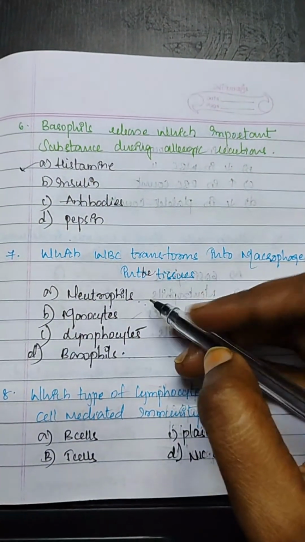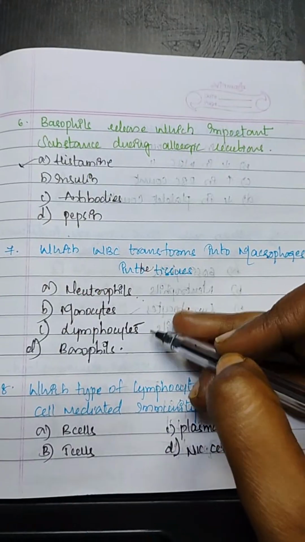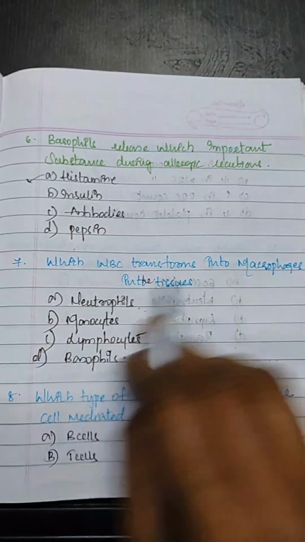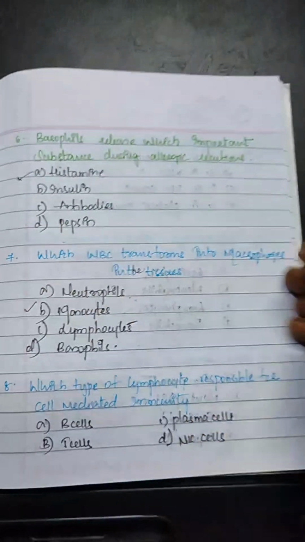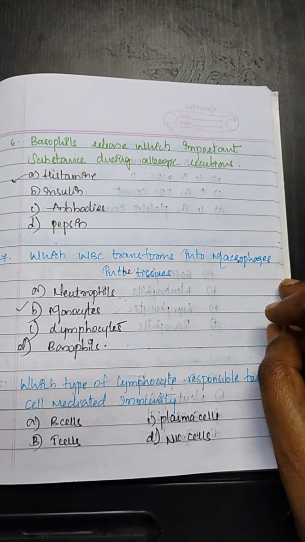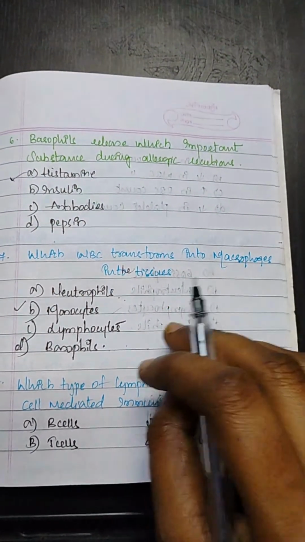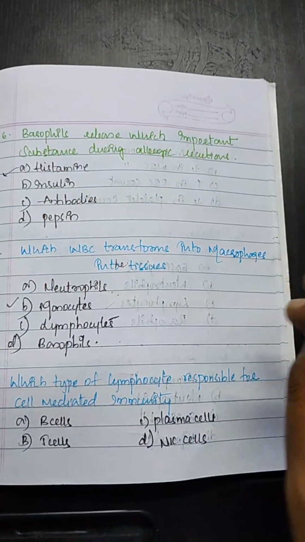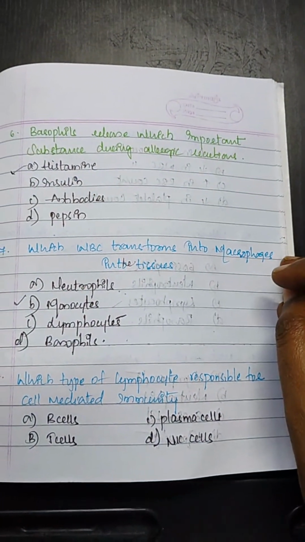Option A, neutrophils. Option B, monocytes. Option C, lymphocytes. Option D, basophils. And the answer is B, monocytes. Monocytes are the type of WBC that transform into macrophages in the tissues.